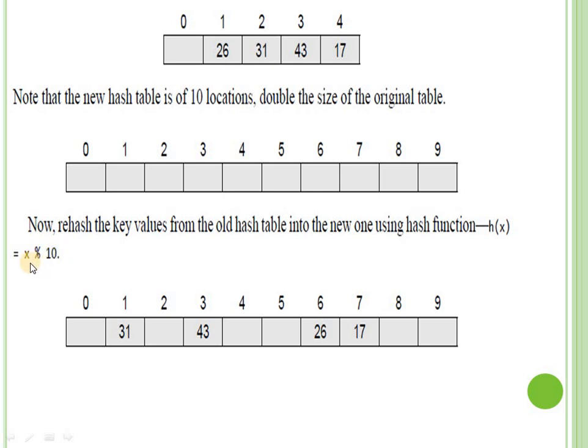So after calculating this, 26 modulo 10, we got this answer. So we are storing this value first. If you calculate this, then you can assume you have to calculate the rest. Understood?